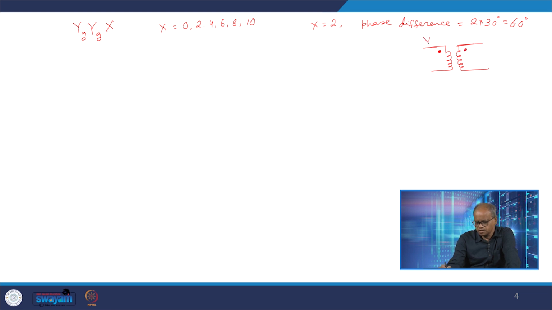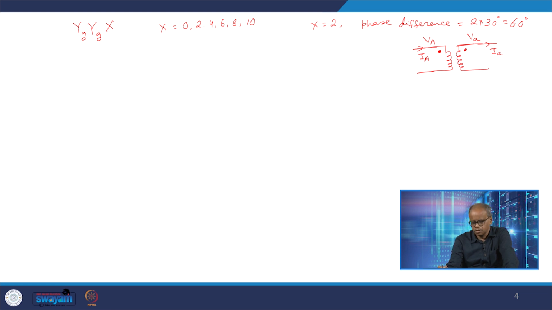and I say that this is V capital A and this is V small a, and the outgoing current is I small a and the incoming current is I capital A, then we say that VA and Va are in phase, and I capital A and I small a are in phase.